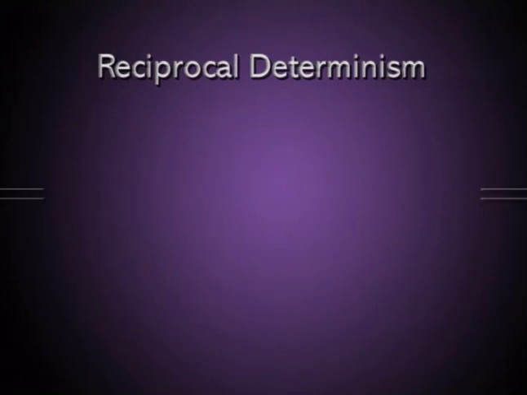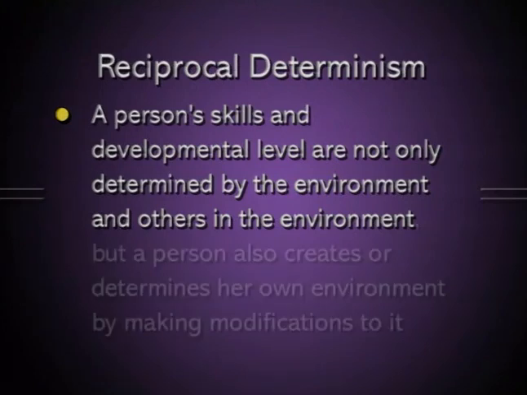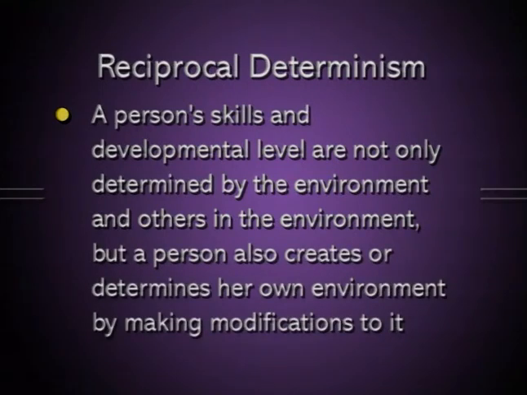The idea of reciprocal determinism is that a person's skills and developmental level are not only determined by the environment and by others in the environment, but also that a person creates or determines her own environment by making modifications to it. So it's reciprocal, and it's determined reciprocally because not only does the environment influence you in how you develop and the skills that you develop, but in turn, you select the environment that you place yourself in.